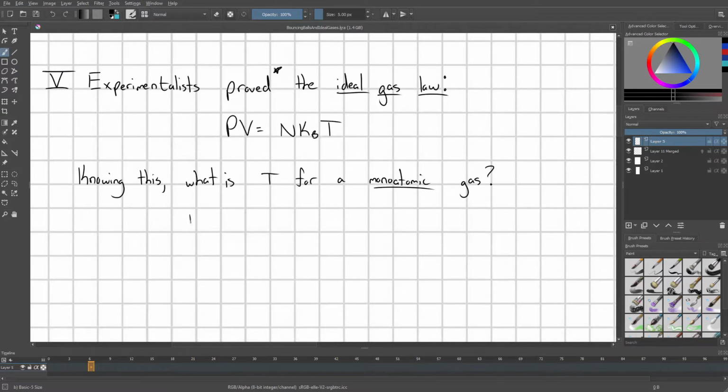Let's first isolate our temperature, which would be PV over N times Kb. And our pressure, of course, was rho times V_RMS squared divided by 3. So we have this guy times V over N Kb.